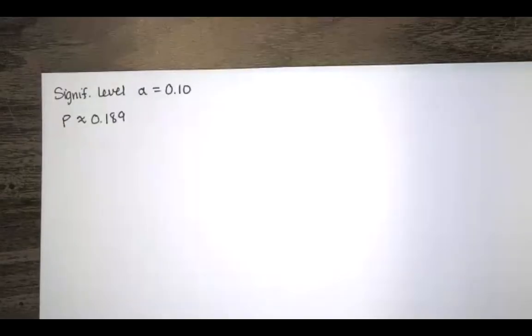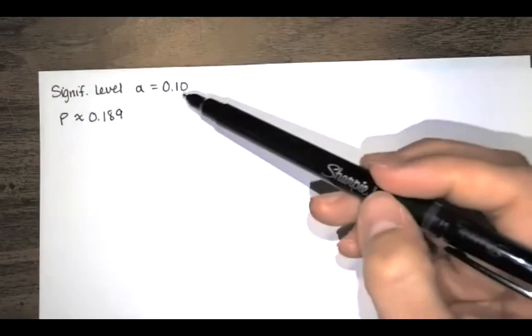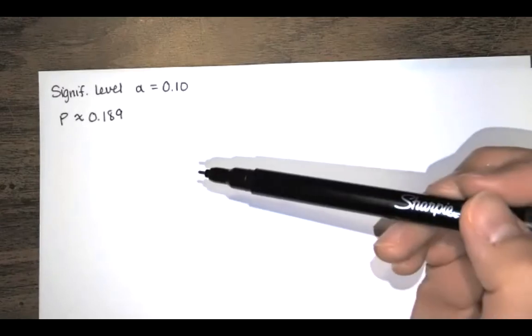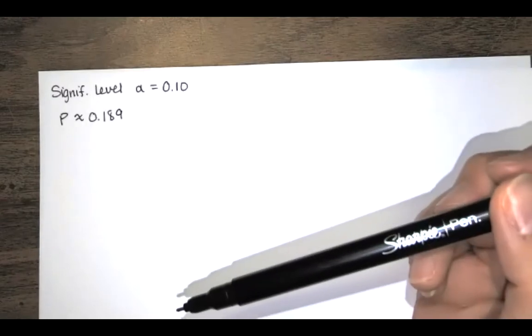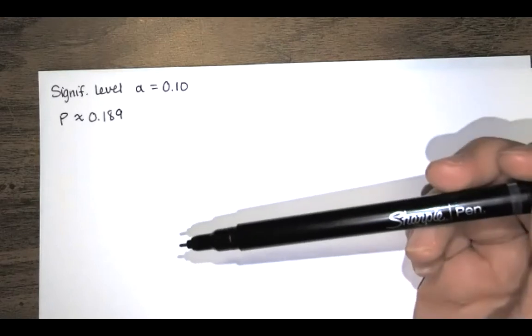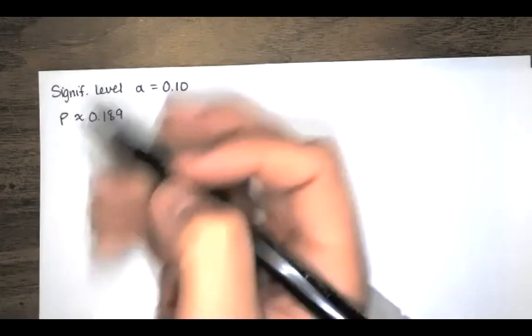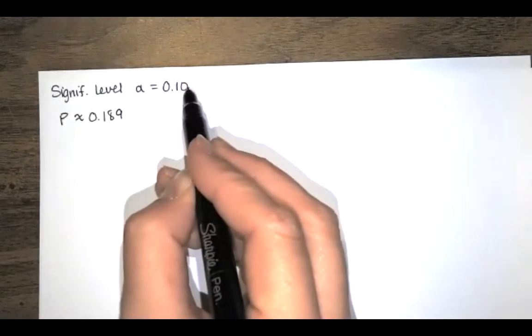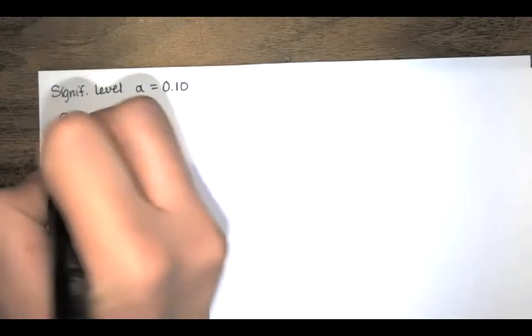Okay, so our significance level was given to us. It was alpha equals 0.10, and our p-value using that normal approximation to the distribution was approximately 0.189. If I compare those, this is obviously larger than that.